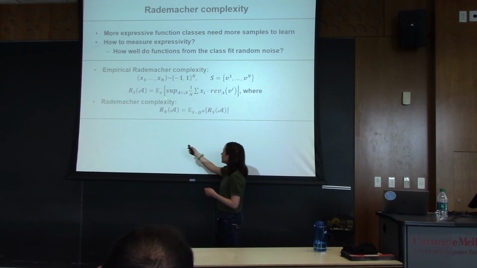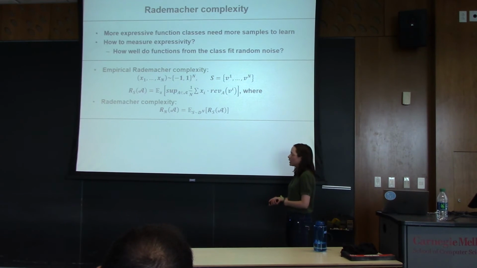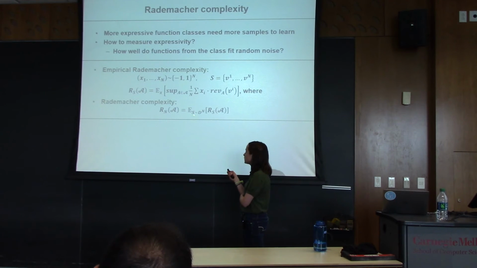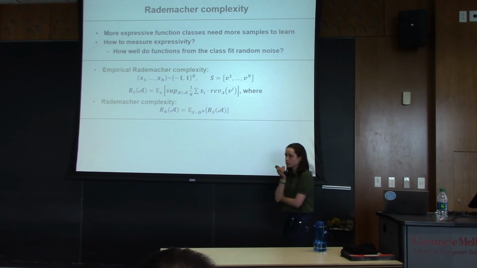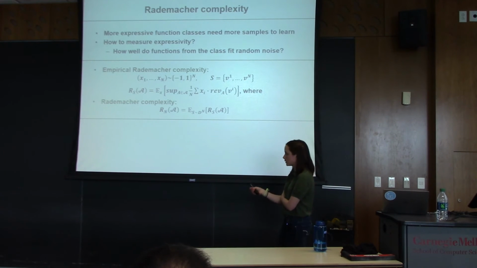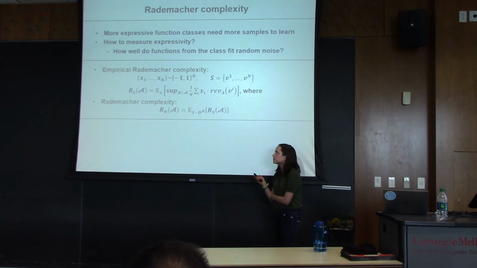Then we take the expectation of that noise-fitting ability over these random Rademacher variables. I don't want to define the complexity of a class of functions by a sample, so for the Rademacher complexity, you simply take the expectation over any random draw of a sample from the distribution. That defines the Rademacher complexity.